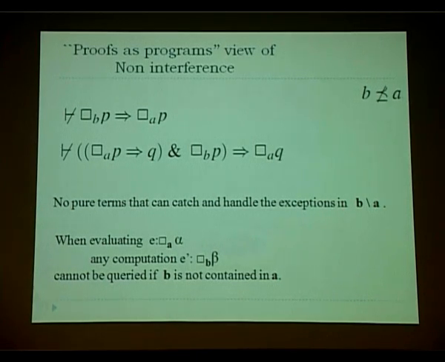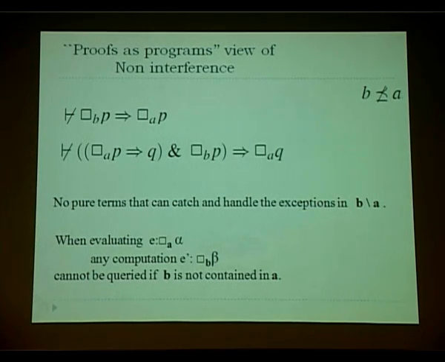That's the basic content. So for example, the fact that the first formula there is a non-theorem says no pure term can handle the exceptions which are in B minus A. And in general, the way one should think of non-interference is when you're evaluating a functional program whose type is box A alpha.